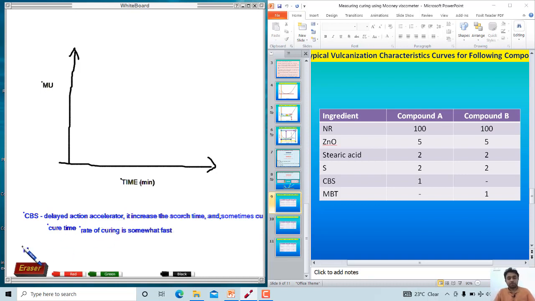Then what about MBT? It's a fast accelerator. Scorch is less and cure time is less. These are the properties of these two accelerators. You may need to know these to plot the curves.